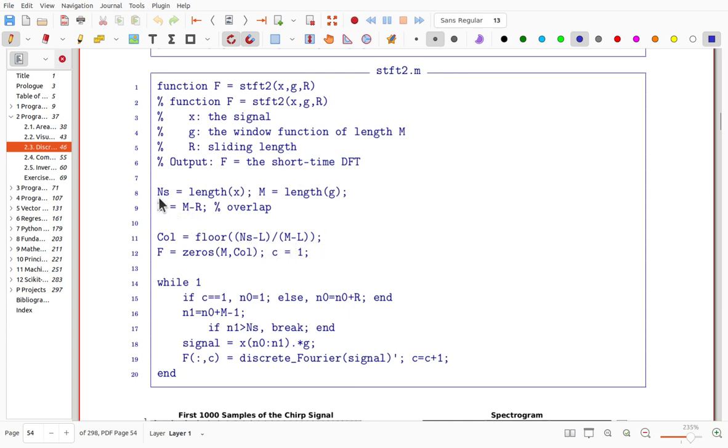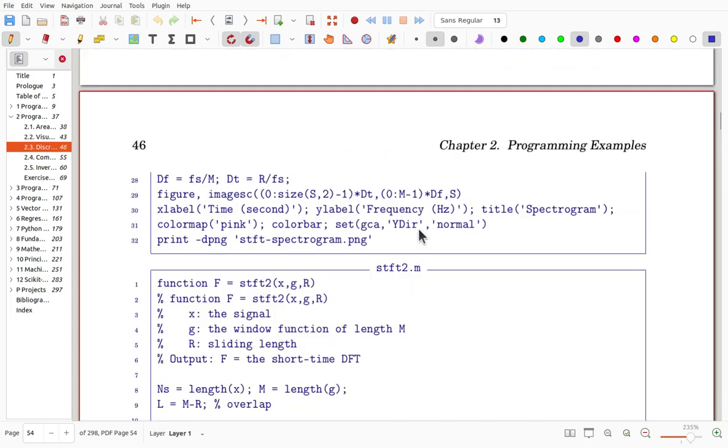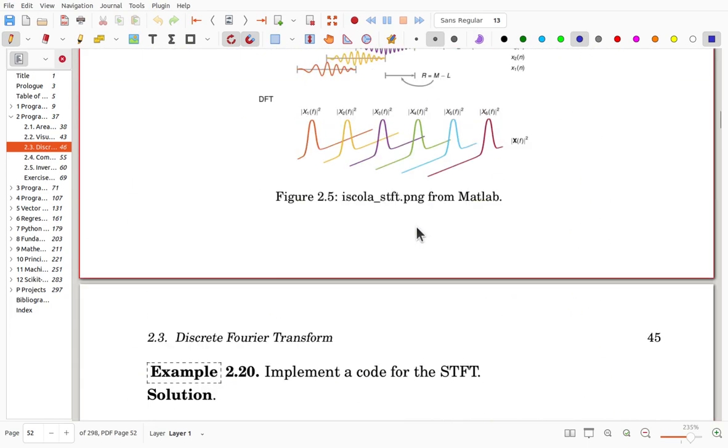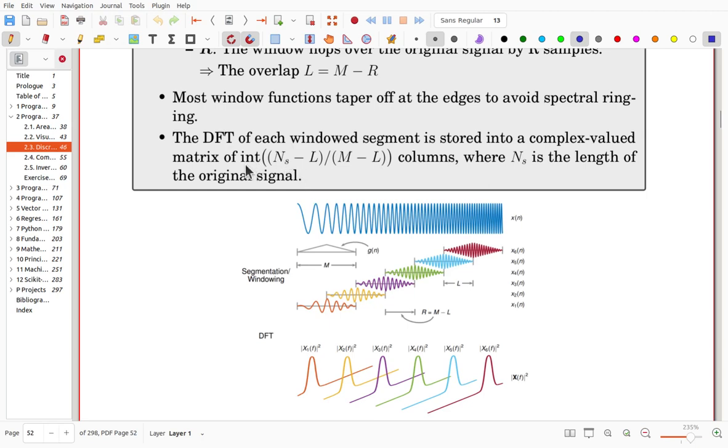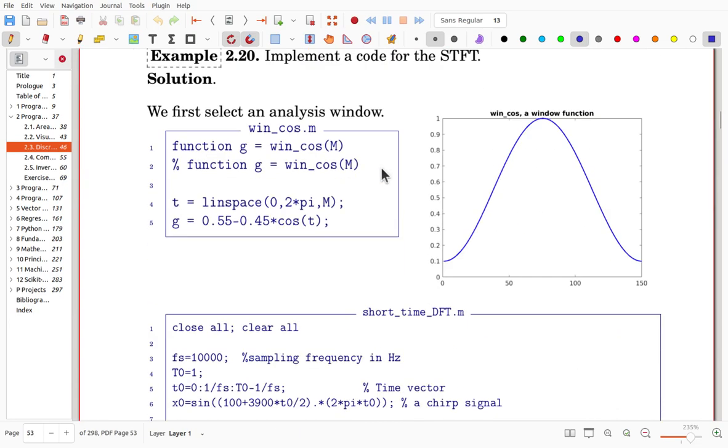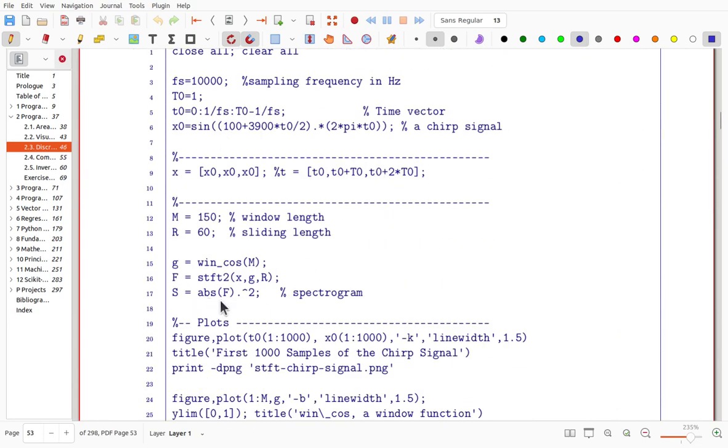And first we measure the length of the signal, and m is the length of the window, and here L is the overlap, and we compute the columns for the spectrogram. That one came from here, the integer of this ratio, and it decides the number of columns.